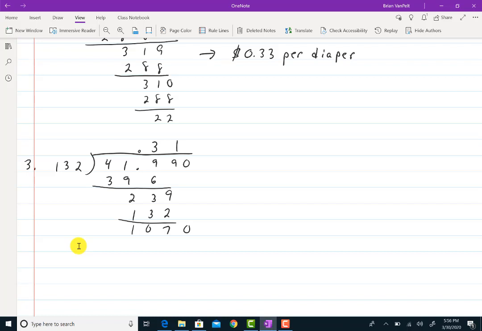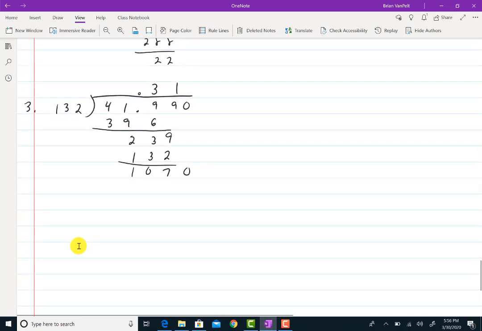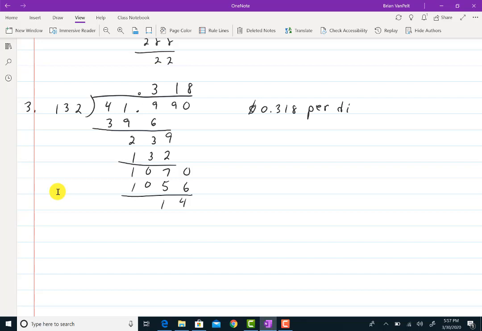And 132 goes into that 8 times. Let me guess at an 8, and I'll tell you in a minute. When I do 8 times 132, I'll get 800 plus 240 will be 1,040. Plus 16 will be 1,056. And then go from there. But I have enough digits. So 0.318 per diaper. Rounding to 2 decimal places, we have 0.32 per diaper.